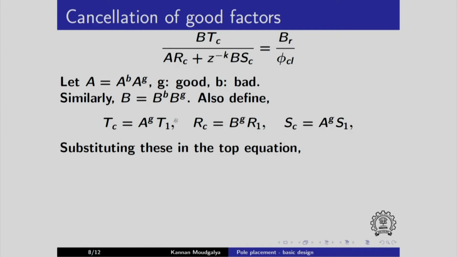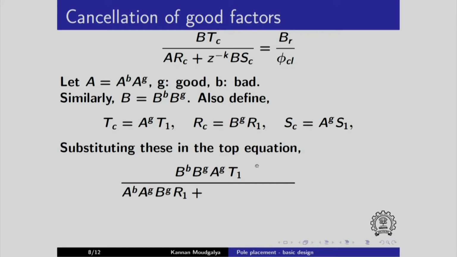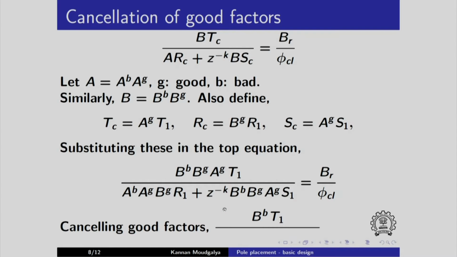Let us substitute these expressions in the top equation for controller as well as the plant. So for B we substituted bad and good, similarly for TC, for the ARC term, then the BSC term. Of course nothing happens in the right hand side. Now let us cancel good factors.